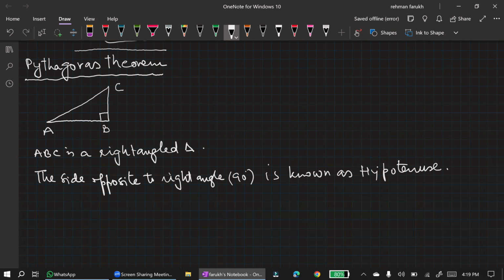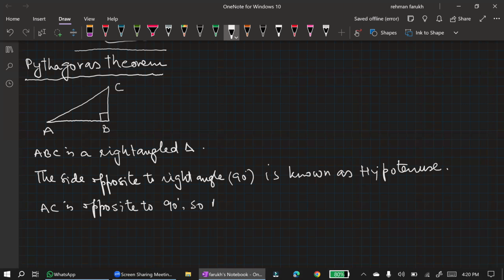Which side is opposite to the angle B? Which side is opposite to the right angle? AC. AC is opposite to 90 degree.